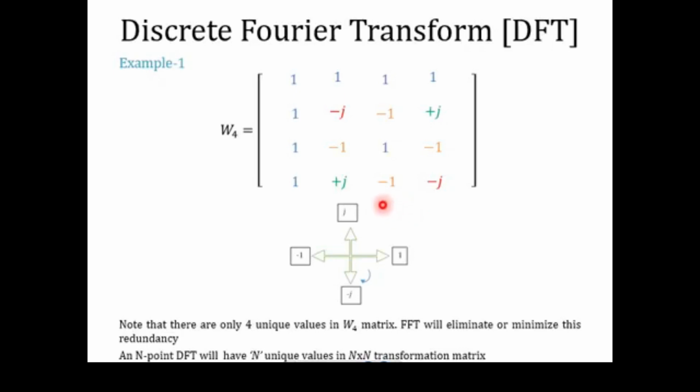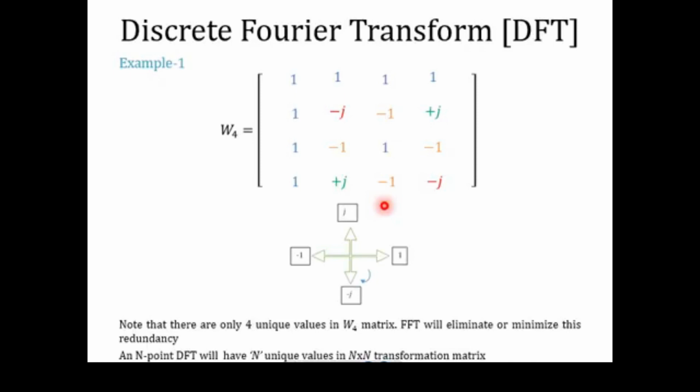So the conclusion is, for an n-point DFT, we will have a transformation matrix of nth order, which will have n rows and n columns. But in that particular matrix, we will have only n unique elements. So let's assume the value of n is equal to 16, so the transformation matrix will have 16 rows and 16 columns, but in that complete matrix you will just find 16 unique elements.